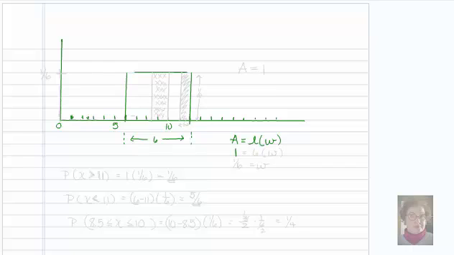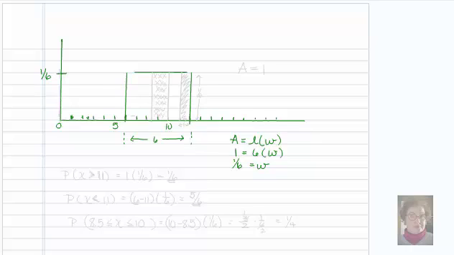The length is 6, so our width, when we divide both sides by 6, is going to be 1/6. So we know this is 1/6. That's our probability. So we know the height of our rectangle is 1/6.